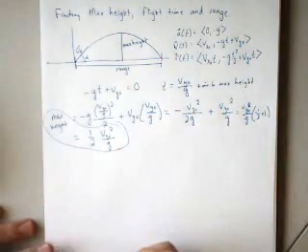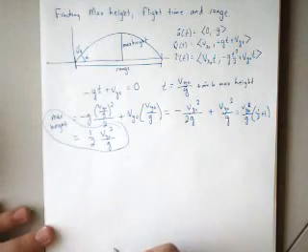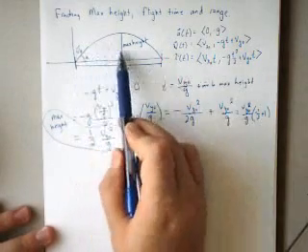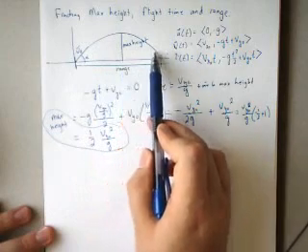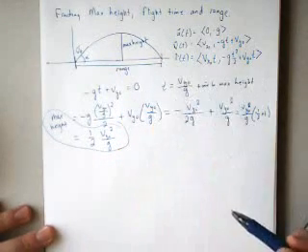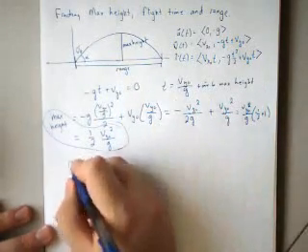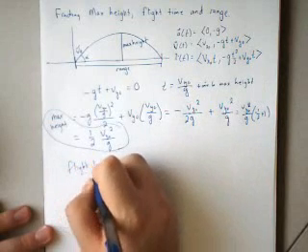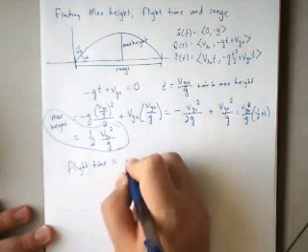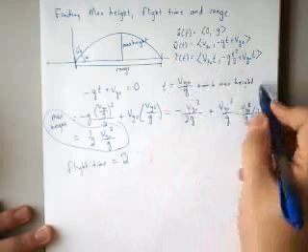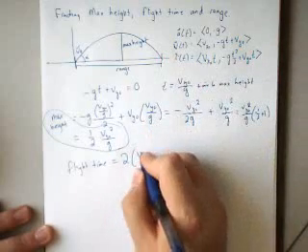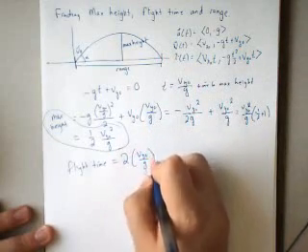To get the flight time, it's actually fairly simple. If half of the time is spent getting to the max height, then the other half of the time is going to be spent reaching the range. So that means the flight time is twice the time to the max height. So twice vy naught over g.